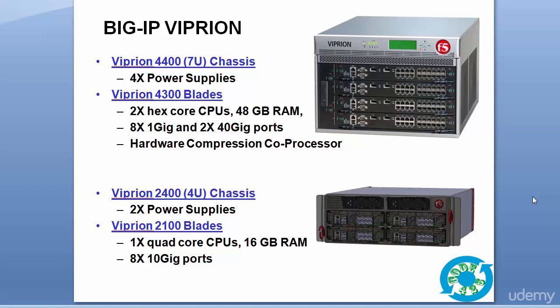A fully loaded Viprion 4400 system contains 4 4200 blades, with each blade composed of 2 quad-core processors, 16 gigs of RAM, 4 gigabit copper ports, and 8 10 gigabit fiber ports.